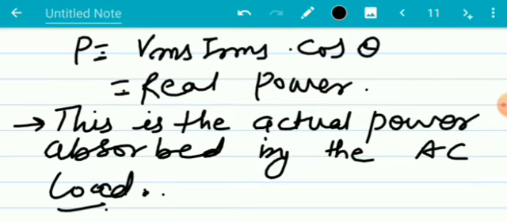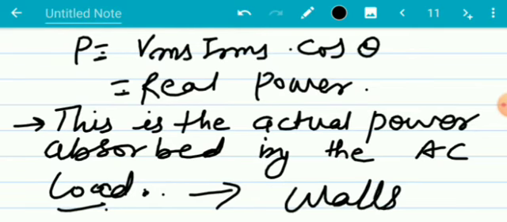This is the power which will be dissipated into the load, or delivered to the load, or absorbed by the load, and it is measured in watts.